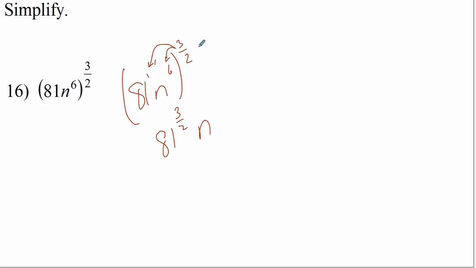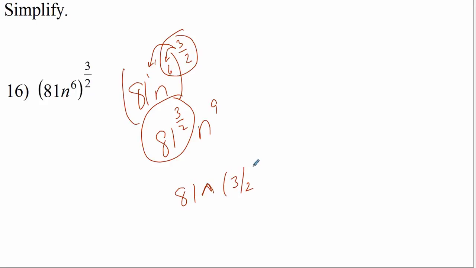N, if I do this on a calculator, 6 3/2, I actually get 9. Okay? Then I'm going to take the 81 to the 3/2, and I'm going to take 81, your caret, open parentheses, 3, divide by 2, close, enter, and you should get 729. And the reason why you get a bigger number is this, because this is actually the square root of 81 to the 3rd power.